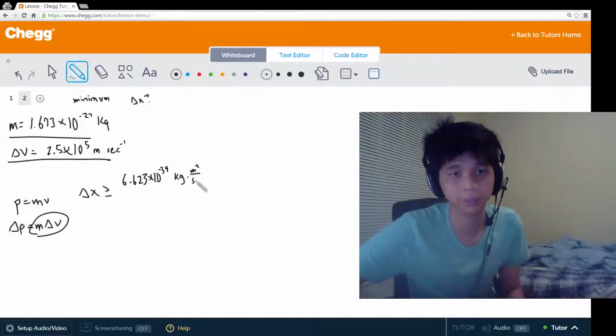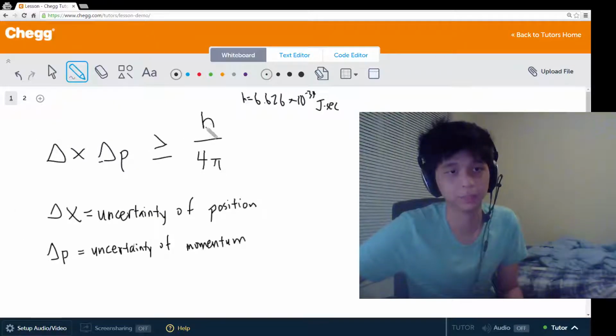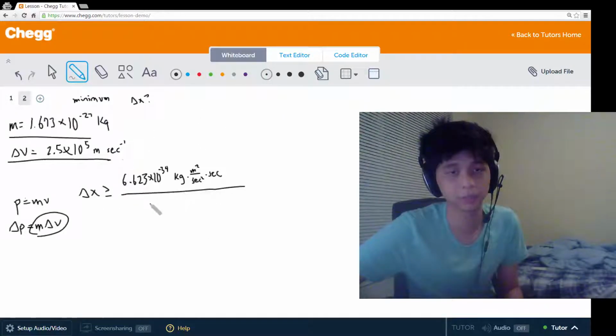So we're going to write it as kilograms times meters squared over seconds squared times seconds. And this is equivalent to our previous units. So divided by, recall that was our h, and we still have our 4 pi at the bottom.